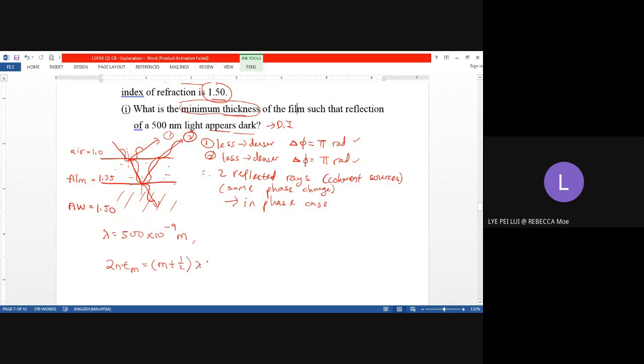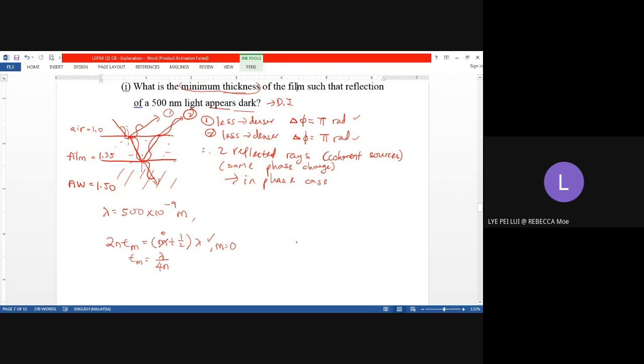We use the destructive interference equation because it is the in-phase case and the question asks about appearing dark. When m equals 0 order, we substitute 0. So we determine the minimum thickness, t_m equals lambda over 4n.